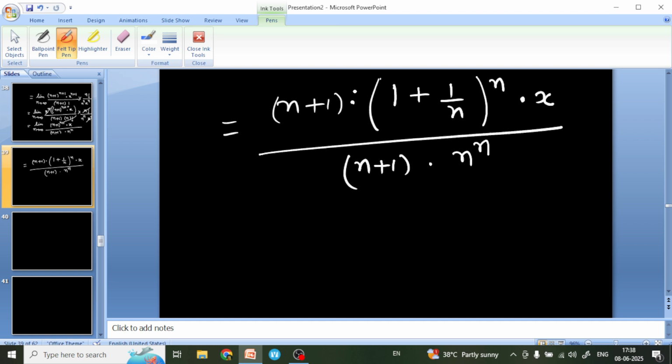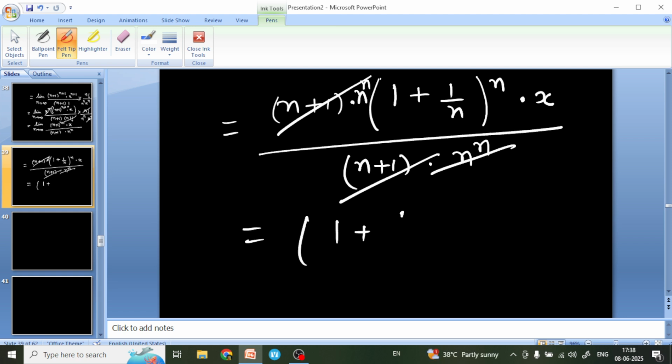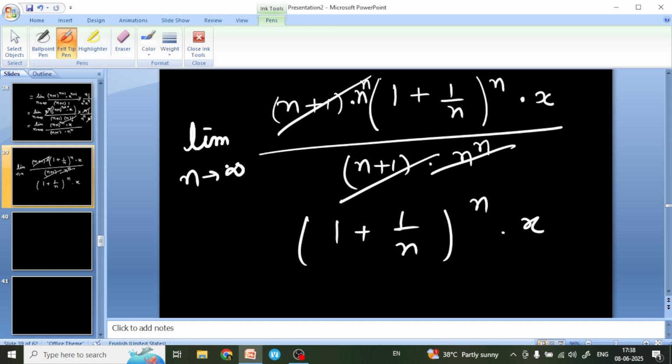Here you also take the common n raised to power n. It will cut with this value, and you will find (1 plus 1 over n) raised to power n into x, and write the limit here also till we fill the limit value.